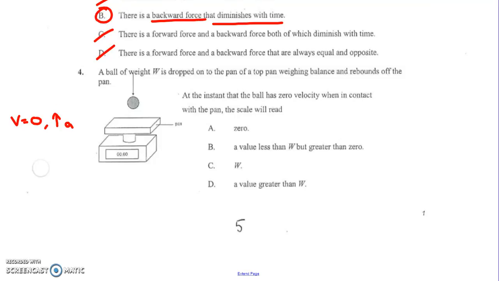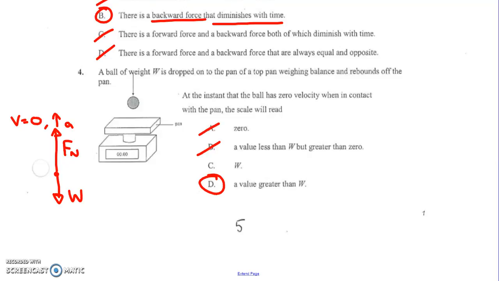So there's this upward acceleration, meaning that the upward force has got to be greater. So I'm going to call that the normal force because that's what it is. It's got to be greater than that weight of the ball in order for it to accelerate up. So the scale will read a greater value than W.